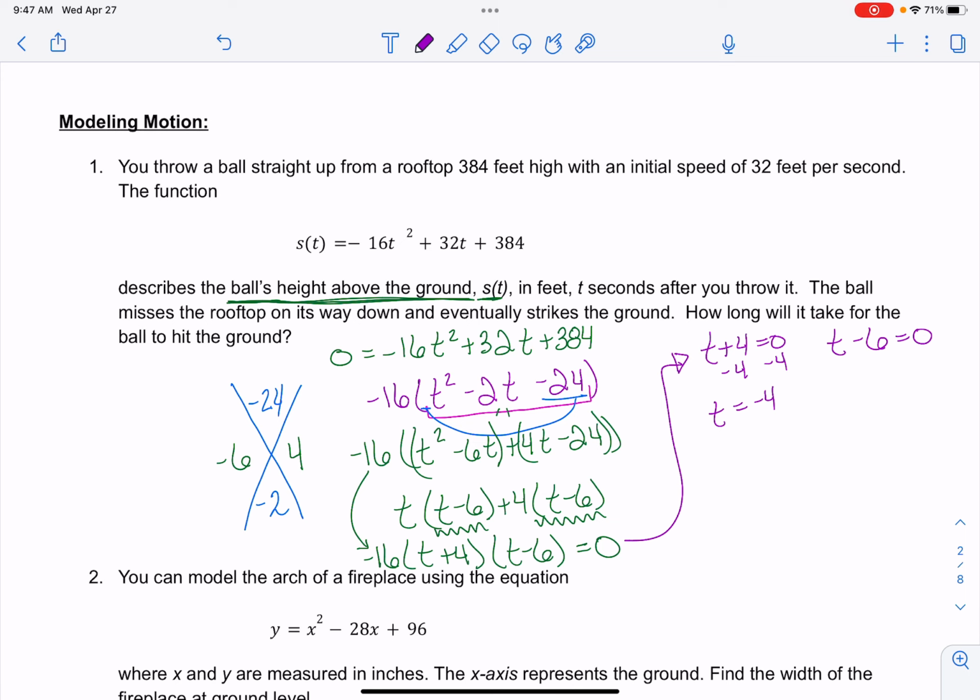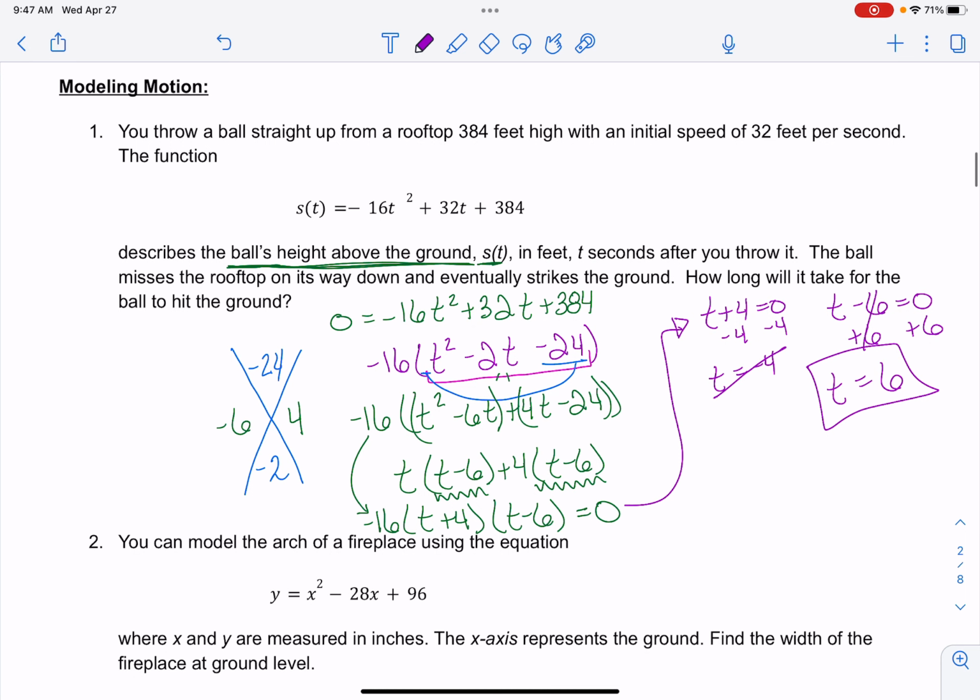It's not going to be negative time, so that is not going to work for us. But then over here, we have to add 6 to both sides, and we get t equals 6. Well, that means 6 seconds. So after about 6 seconds, this ball will hit the ground.